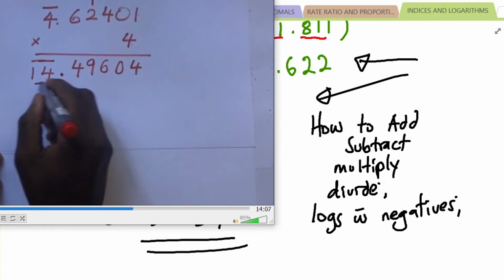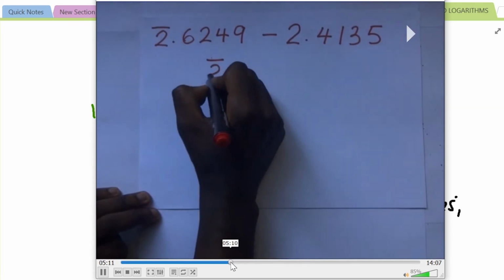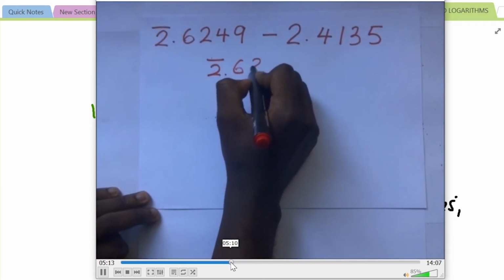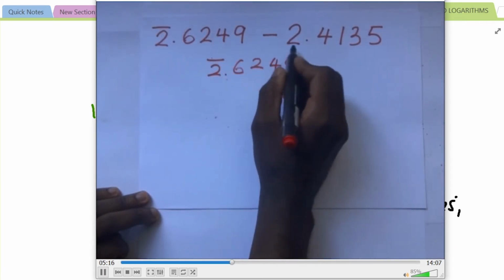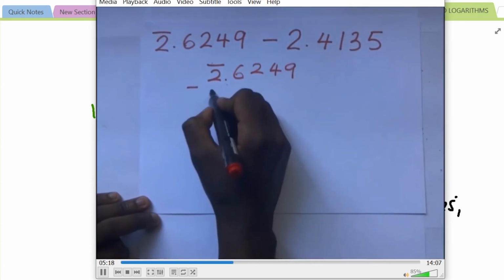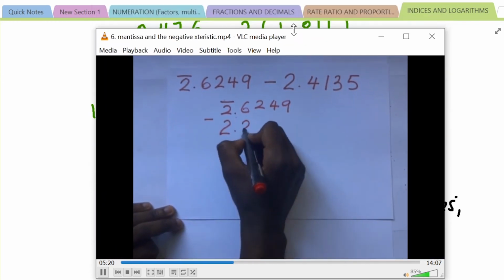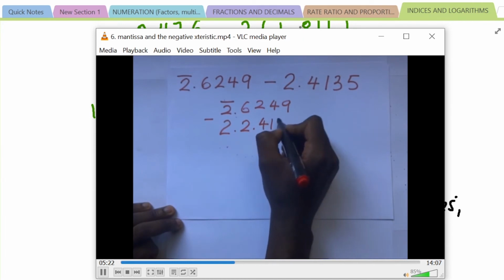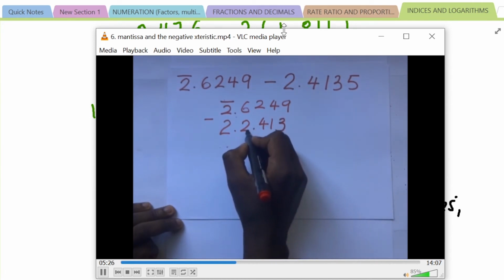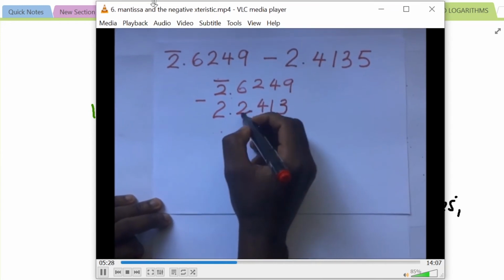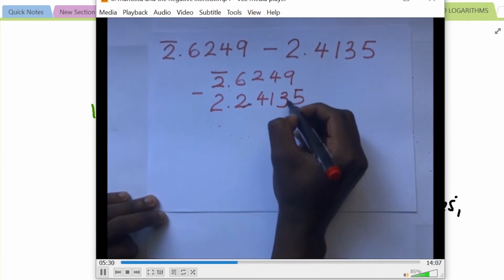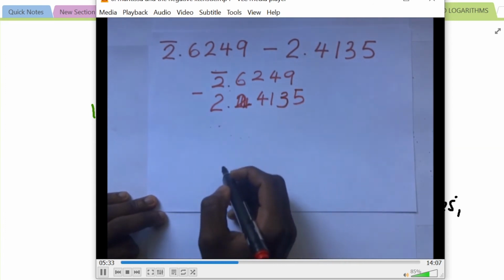Here it is. We shall say it is 2.6249 minus this 2.4135.